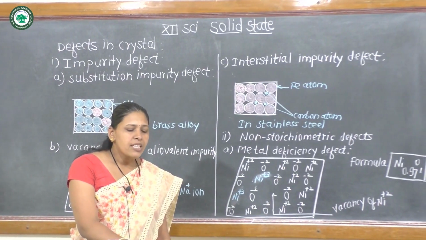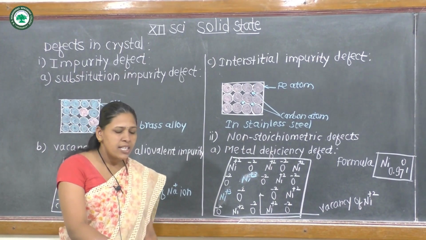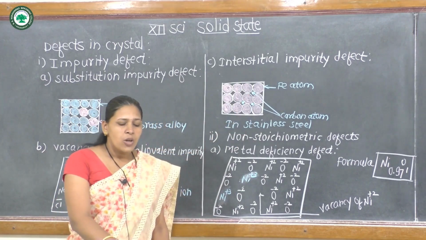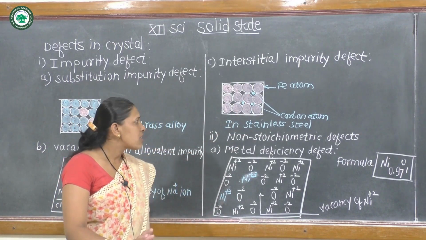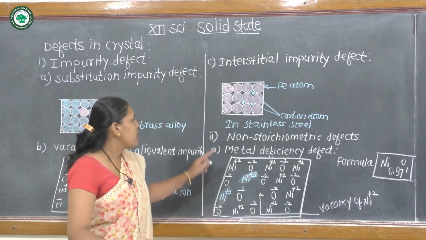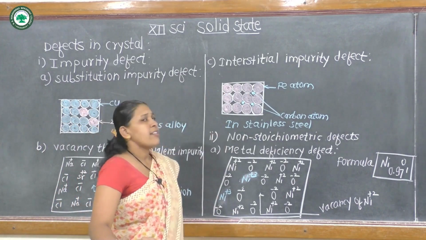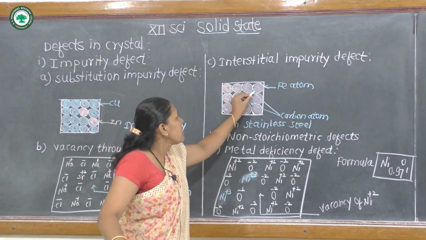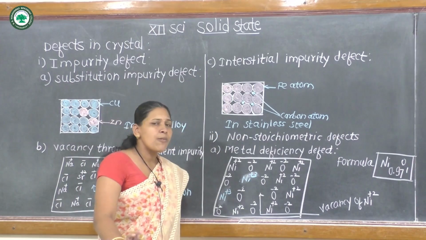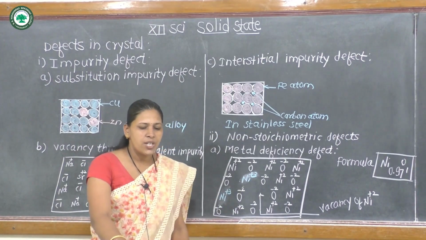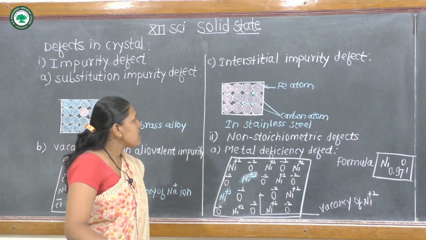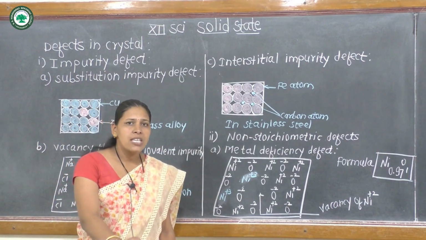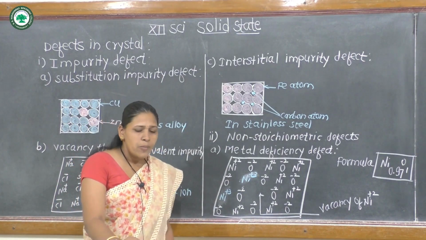Here in this defect, the impurity occupies an interstitial position in the host crystal structure. Here in this diagram, red colored atoms are iron atoms and this blue colored atom is carbon, which occupies an interstitial position. Therefore, in this defect, the added impurity occupies an interstitial position.